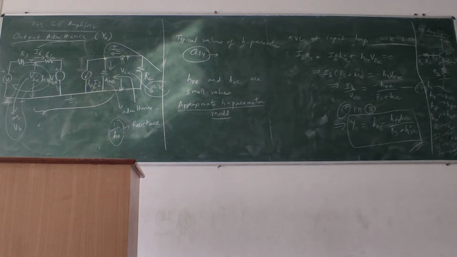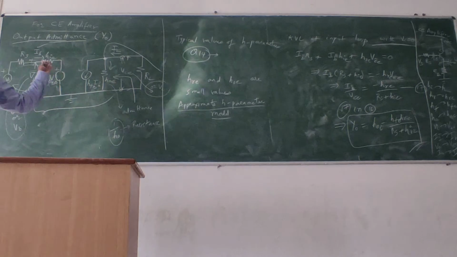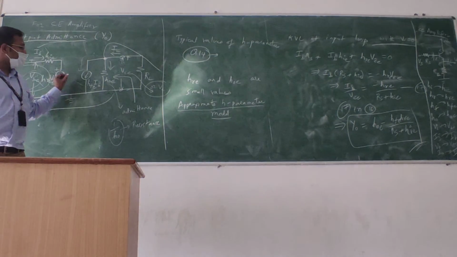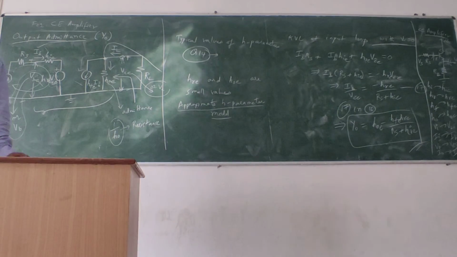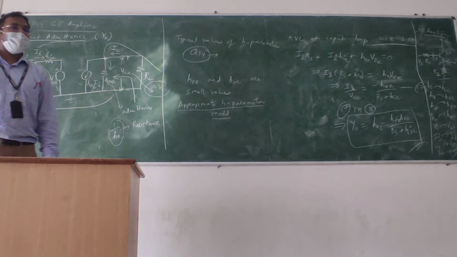So what can we neglect among these? Among the 4, HIE, HRE, HFE, HOE, what are the 2 we can neglect? Siri, what are the 2 terms we can neglect here? Which 2 will you neglect?